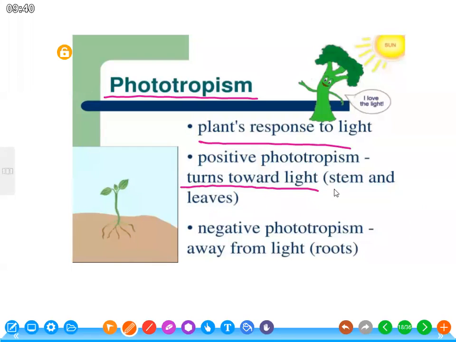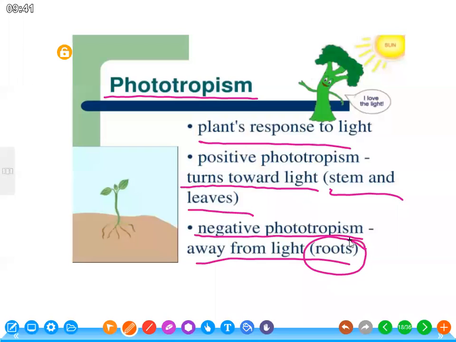Here, the stem and leaves. Okay? Stem and leaves. Then negative phototropism is away from light. Example, roots. Okay.